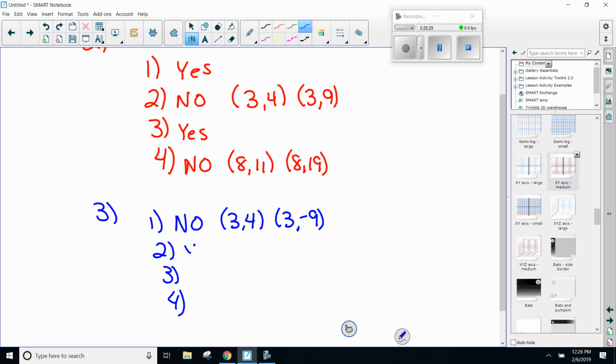Is 3 a function? No. Why? You have 0, 4, and you have the coordinate point 0, 0. Is 4 a function? No. You have the coordinate point 6, 17, and the coordinate point 6, 19. So it is not a function.